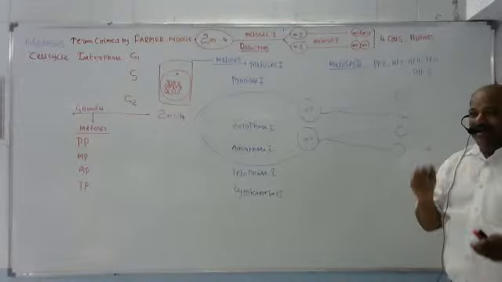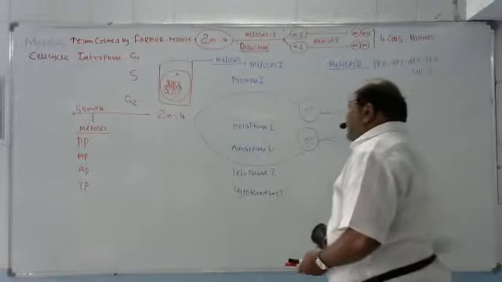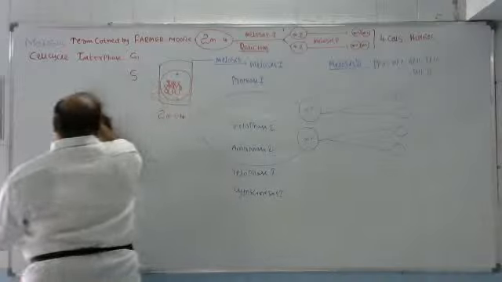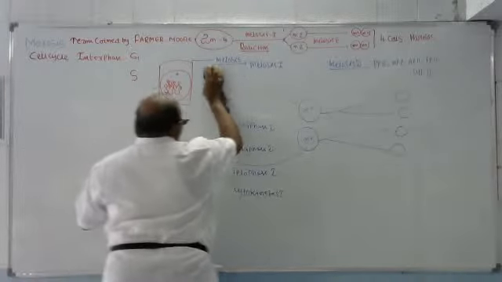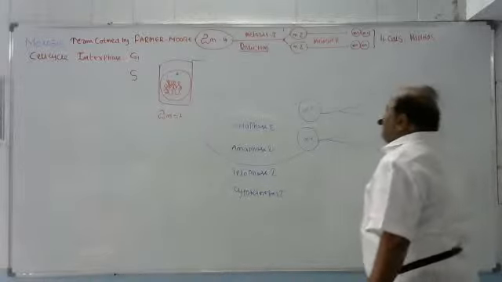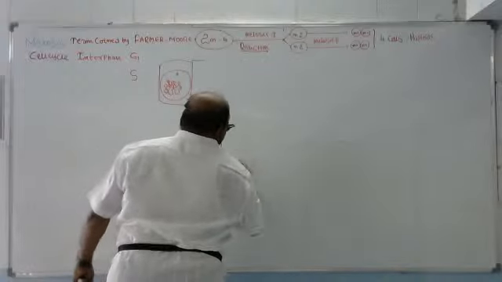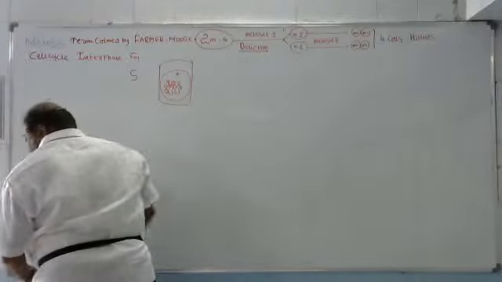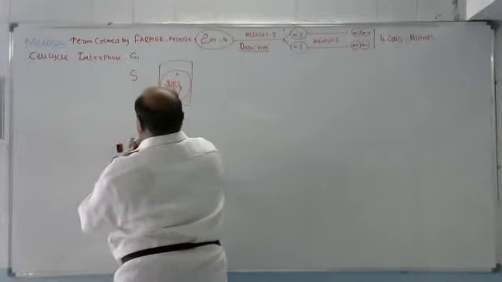This is the concept. So when a cell is subjected to meiosis process, before that, in the interphase stage, what happens? Look at here. Now I would like to take first, this is a diploid cell.